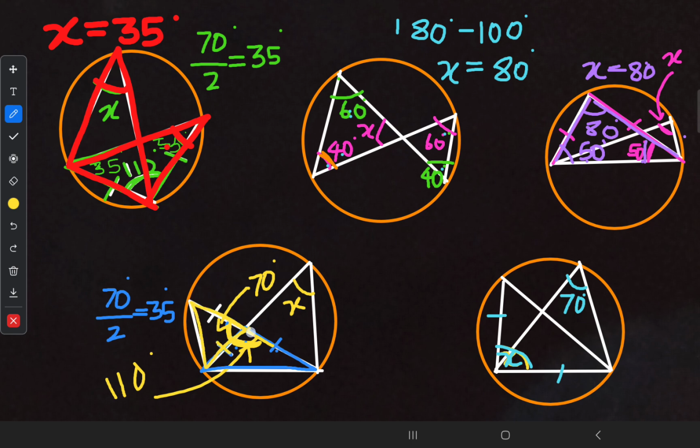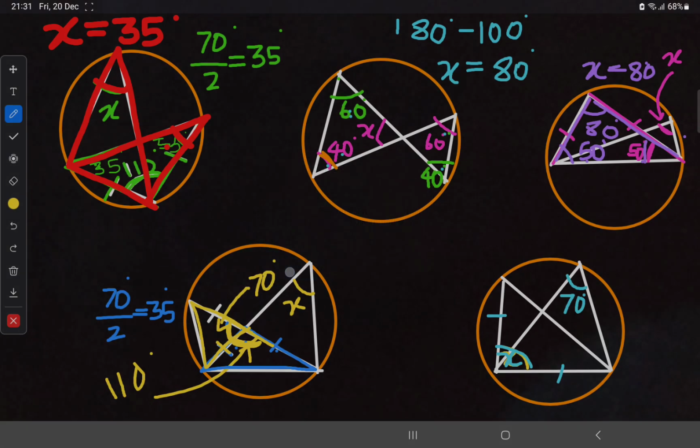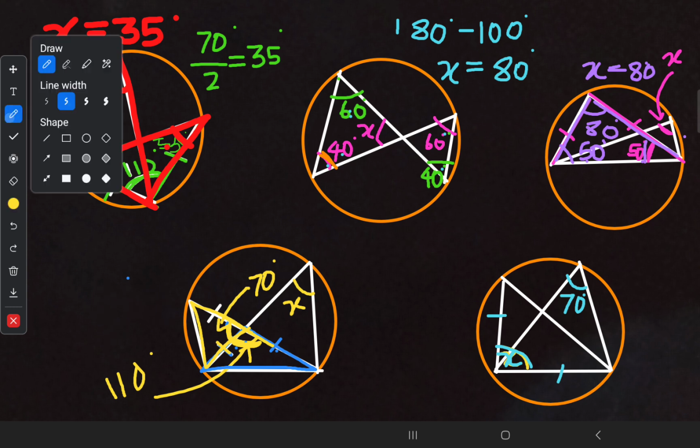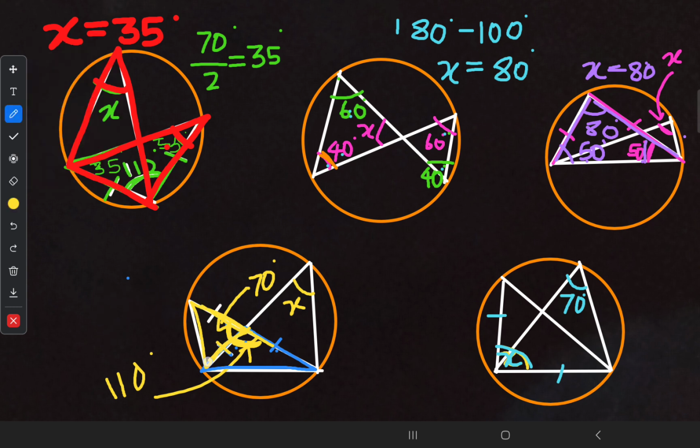In this isosceles triangle, from 180, when you subtract this 70, that will give you 110. Just look at this yellow color triangle, 110. That 110 should be divided into two equal portions because that is an isosceles triangle. So this one 55, this one 55. So if it is 55, x also equals 55 degrees according to the isosceles triangle theorem.